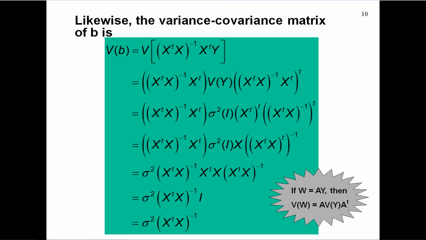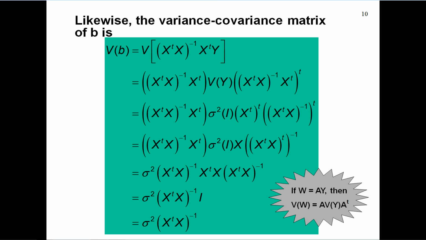One thing I forgot to mention is it's very rare that we would know sigma squared. That is, the variance that we assume for each level of x is generally unattainable unless we have the entire population. If we have the entire population, then we don't need statistics at all.